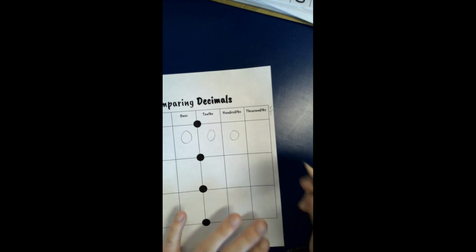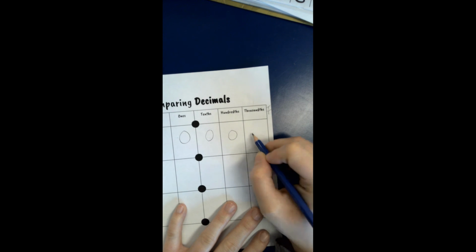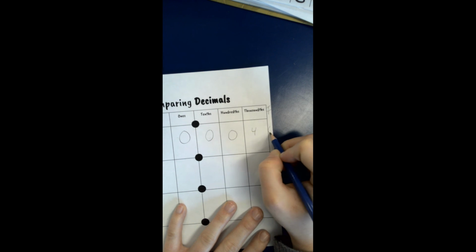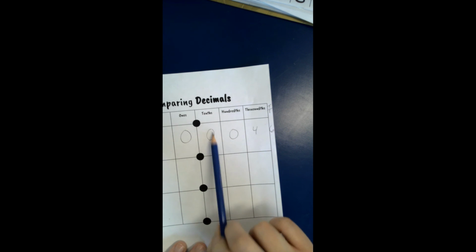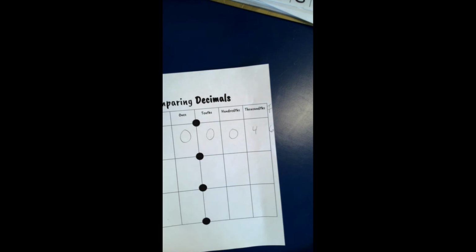And this is going to be 46 ten thousandths. And that's how that number would be written. This can represent, actually we'll make this one represent our decimal. So there's nothing in the ones, tens, or tenths, or hundredths. So it's 46 ten thousandths.